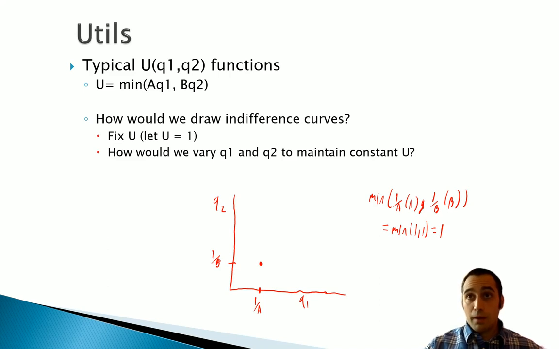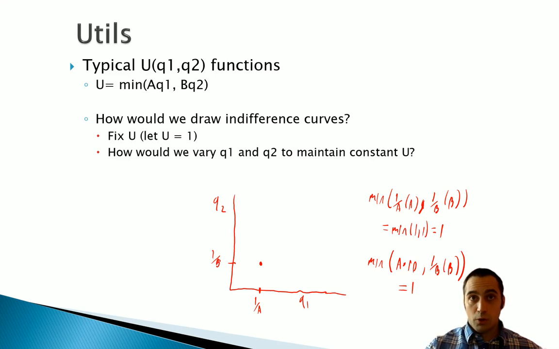Now, you will note something interesting happens if you vary either q1's quantity or q2's quantity. I.e., let's try min of some arbitrarily large value of q1. Let's try a times 10 and keep 1 over b times b fixed. What is the min of 10a and 1, assuming that a is greater than 1? Well, it'd still just be 1.